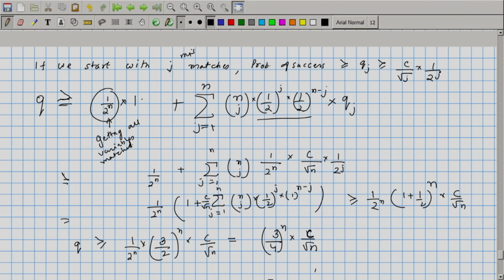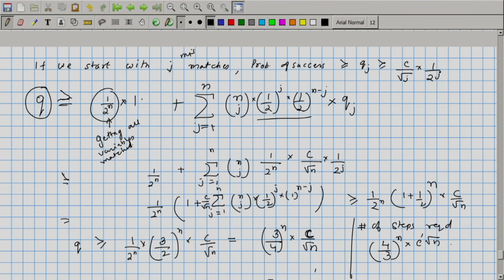So, if you had to convert the algorithm by running it multiple times, the success probability of which is only q, you would run it 1 by q times, the number of steps required will be 4 by 3 raised to n into say c root n, okay, or c prime root n. This is the number of steps required.